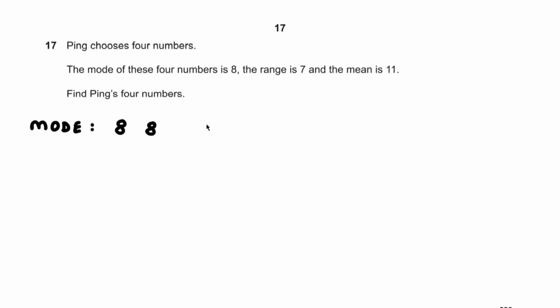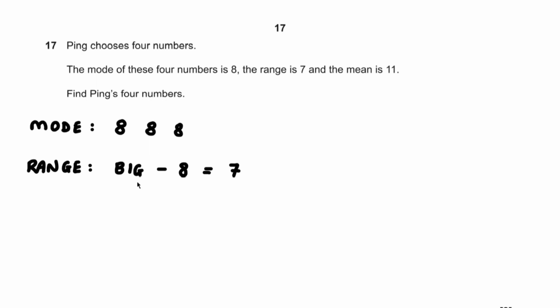Now what happens if all numbers are 8? Well, the mean won't equal 11, so I can't have 4 8s. What happens if I have 3 8s? Well, I want the range to be 7, so if I work out the range, in this case, how do I work out the range? That's the biggest take away smallest, so I have the biggest number take away the smallest number, 8, say, that's equal to 7.